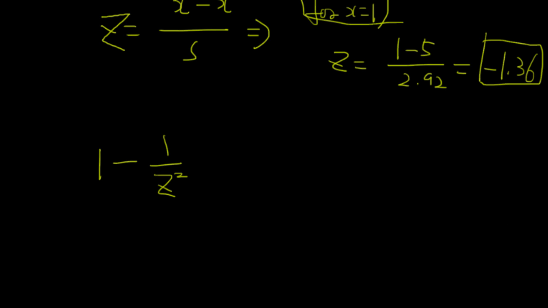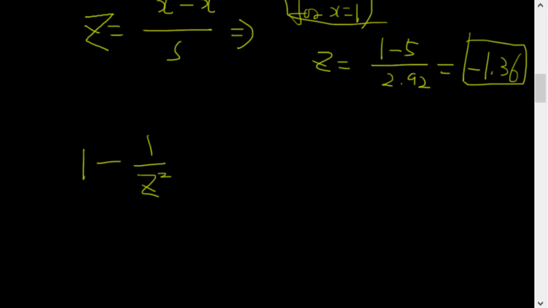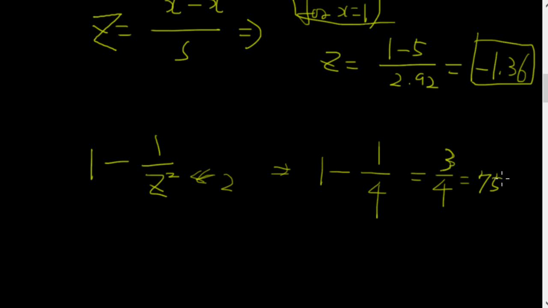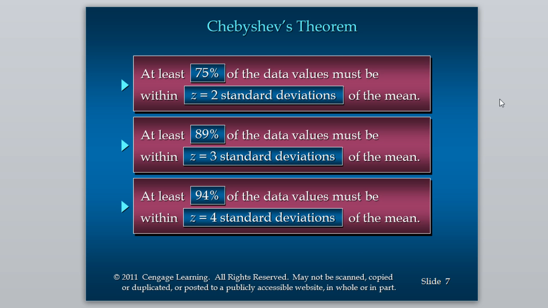Well, if you replace this z by 2, then you have 1 minus 1 over 2 squared, which is 4, which is 3 over 4. What's 3 over 4? That's 75%, right? They get it from that formula, 1 minus 1 over z squared, replacing z with 2. That's how they get 75%.